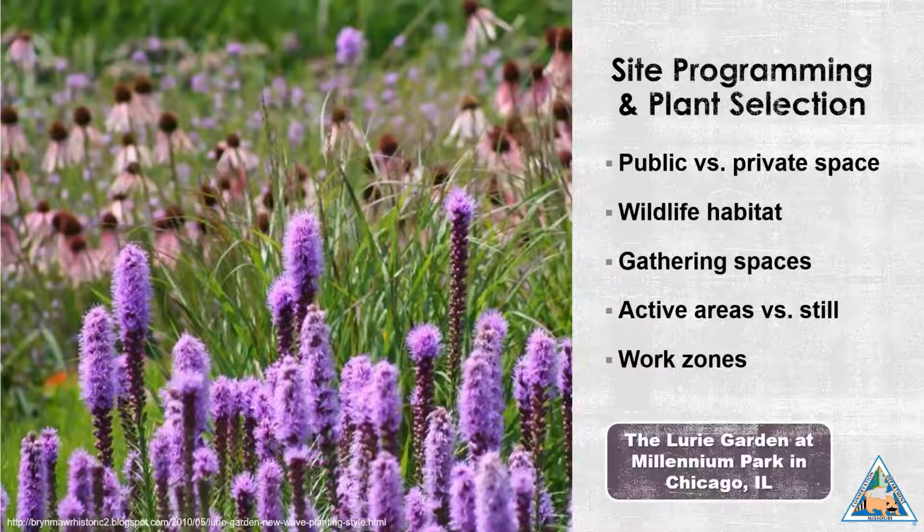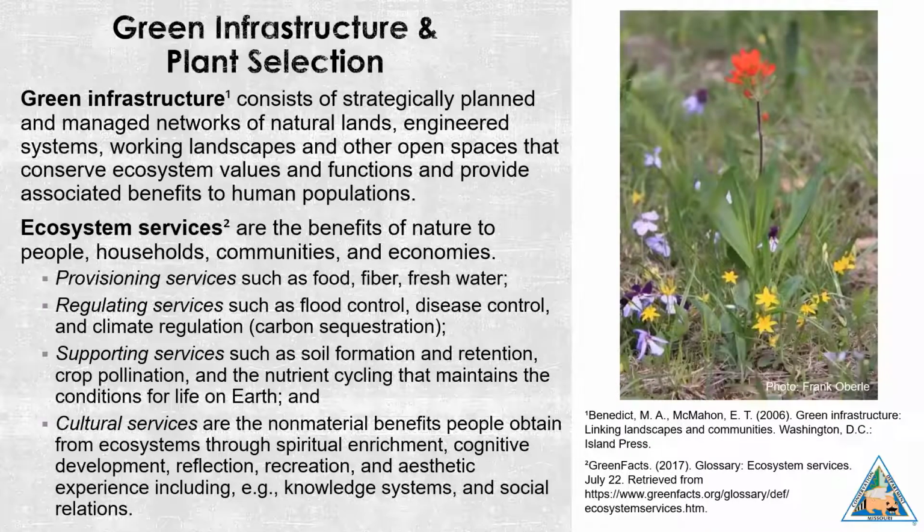And let's take a minute now to consider the definition of green infrastructure, because it's very common to see definitions that focus very tightly into green infrastructure as something for stormwater management purposes, which it can be, but I like a much broader definition of green infrastructure.